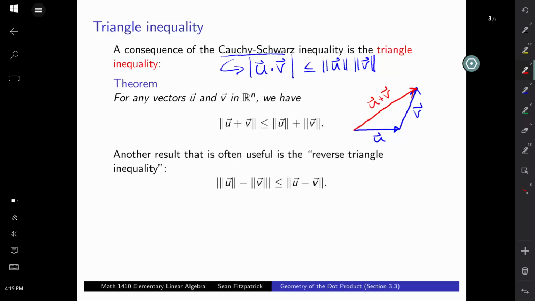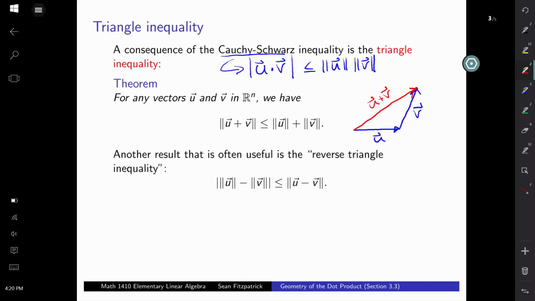And so the triangle inequality is simply a manifestation of the fact that the sum of the lengths of any two sides of a triangle always has to be bigger than the length of the remaining side, right? So the length of the side corresponding to u plus the length of the side corresponding to v has to be bigger than the length of the remaining side. If it wasn't, then you wouldn't be able to join up your triangle. You wouldn't have a triangle. You'd have 3 line segments that have a hole in them somewhere.